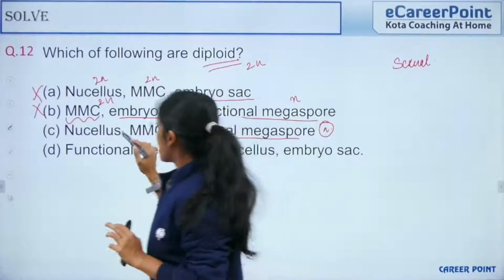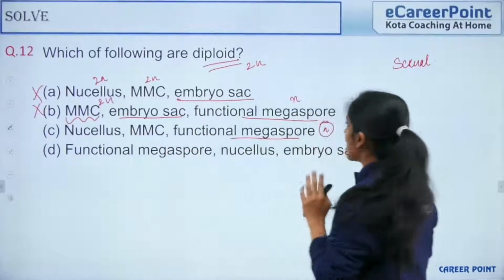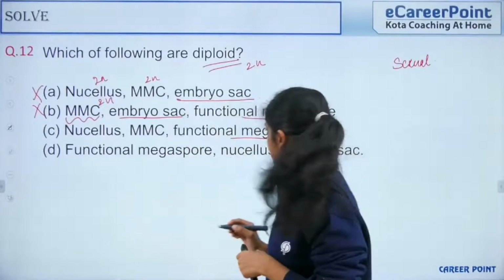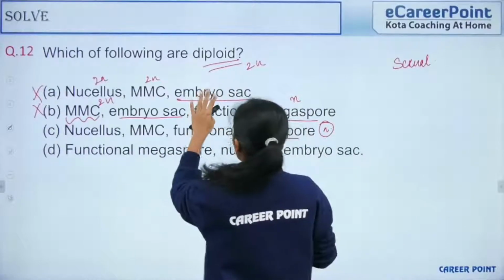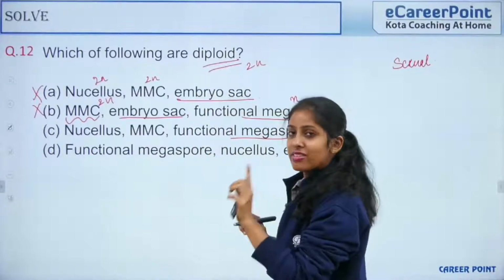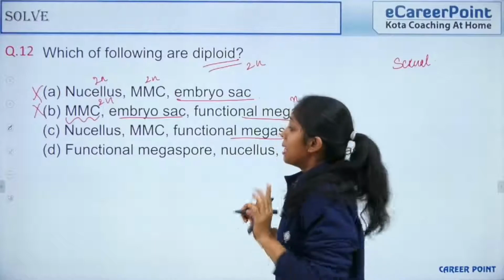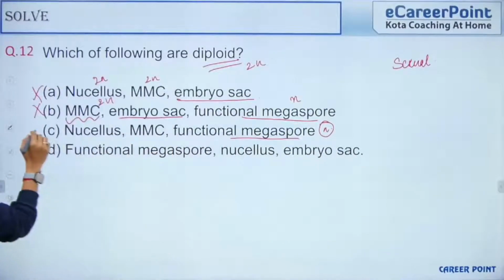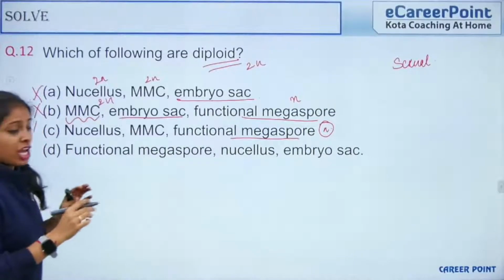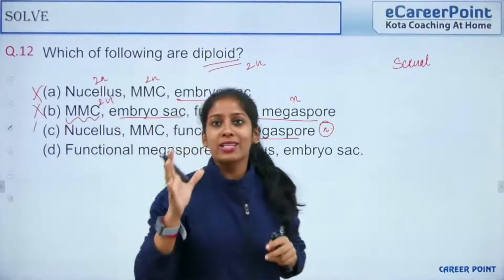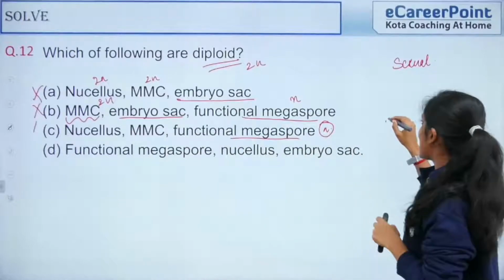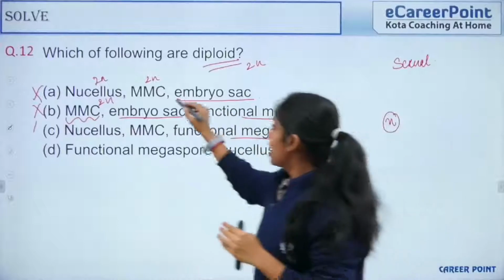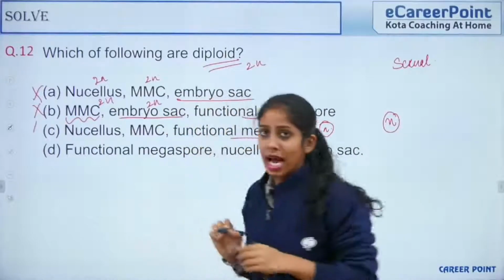So functional megaspore, nucellus, embryo sac. Now from this, which of the following do you think is the right answer? I consider embryo sac as 7-celled and 8-nucleate, right? But still the embryo sac here, if you see all the options, this is definitely not, right? When you talk about the embryo sac, only the egg cell is haploid. The embryo sac is having more than one haploid cell, so you can say this comes under haploid.